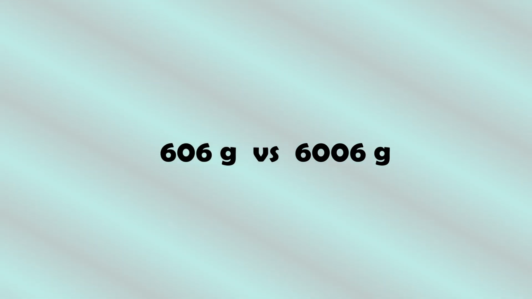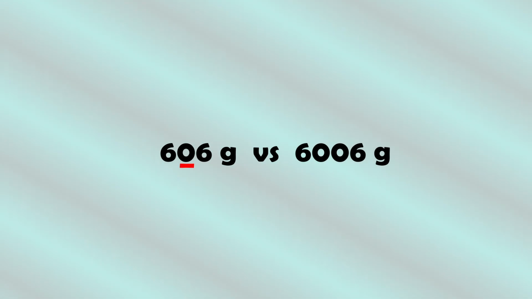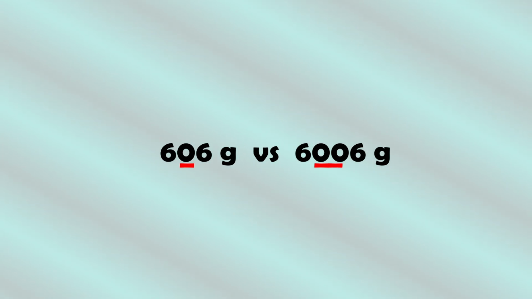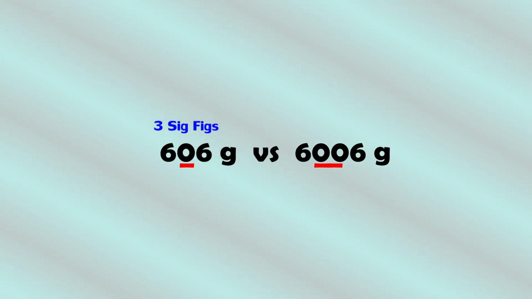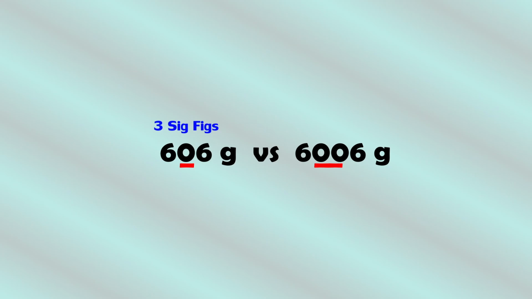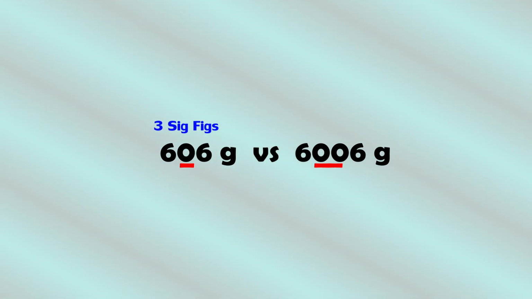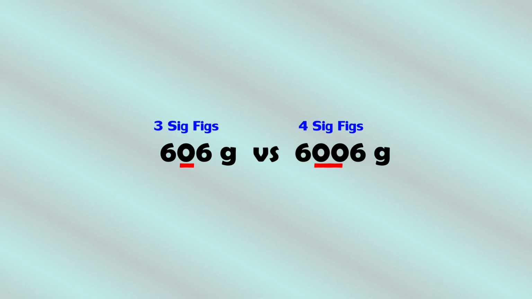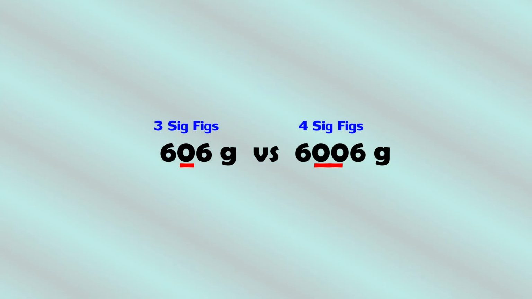All of those zeros between two sig figs are significant. So 606 grams, that's 3 sig figs, because trapped zeros are significant, versus 6,006 grams, that's 4 sig figs, because the trapped zeros are significant.